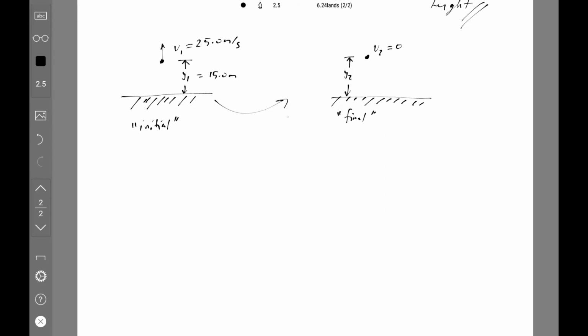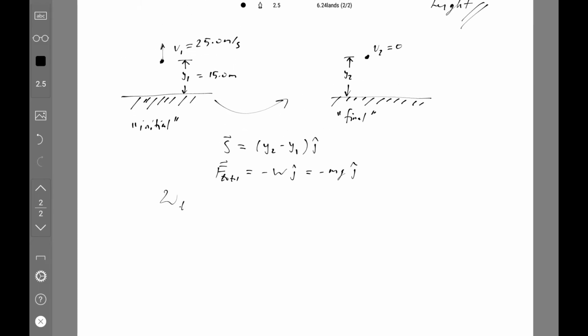So going between these, what's the work done between those two states? Now the displacement vector is y2 minus y1 j hat. The net, or the total force, is still the same: negative w j hat, or negative mg j hat.